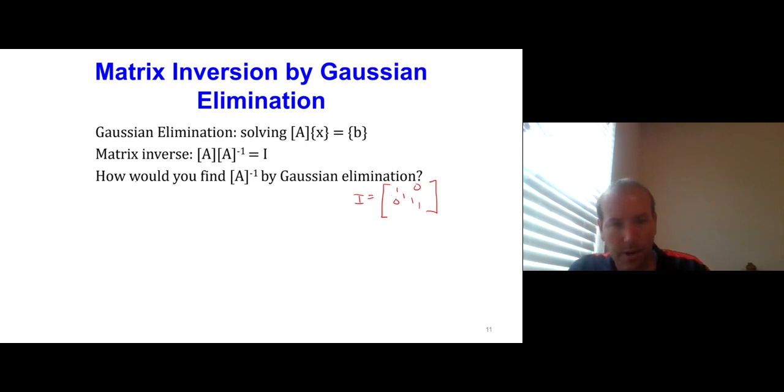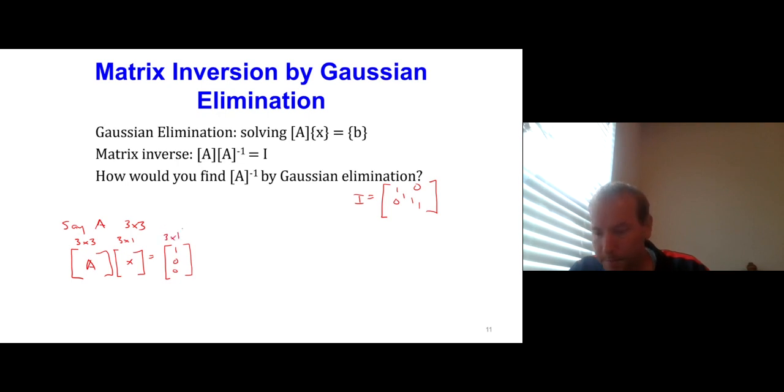Okay, and so the way that we could solve for the inverse of the matrix by Gaussian elimination is to break it apart into pieces. Say A is a 3 by 3, then we could first solve a subproblem of this, which is the first column of the identity matrix, which is just 3 by 1.